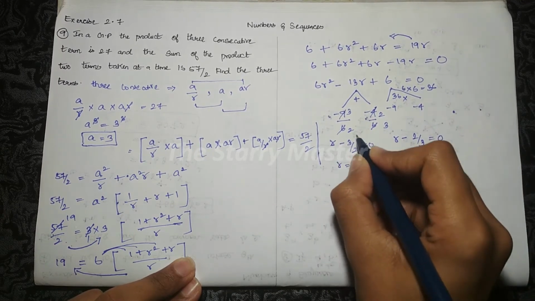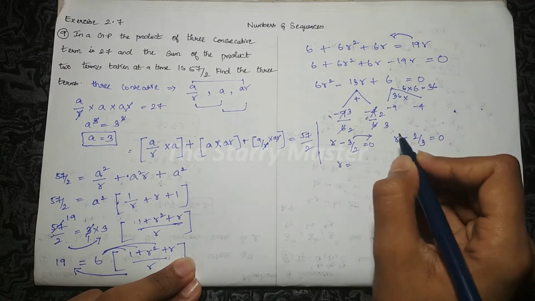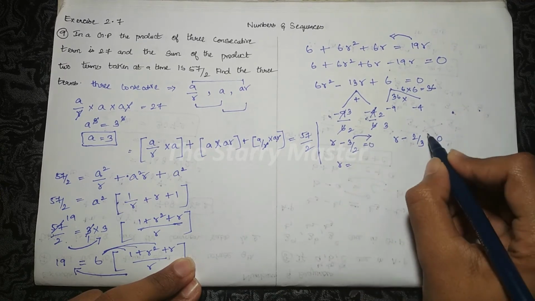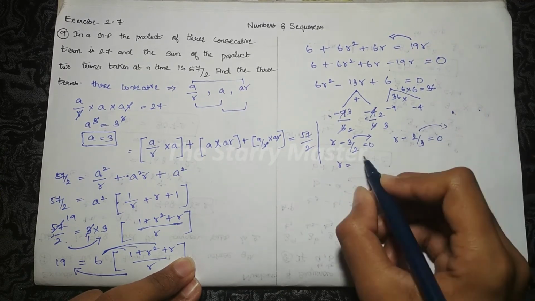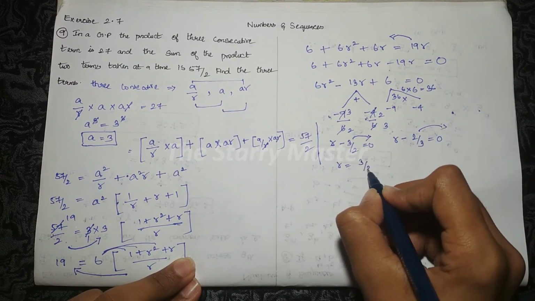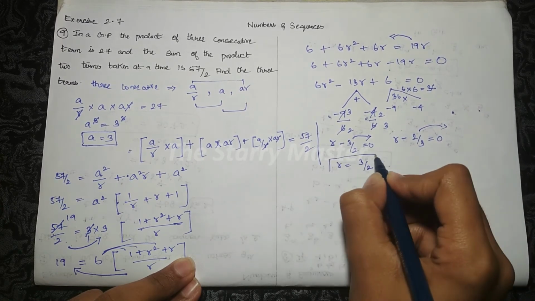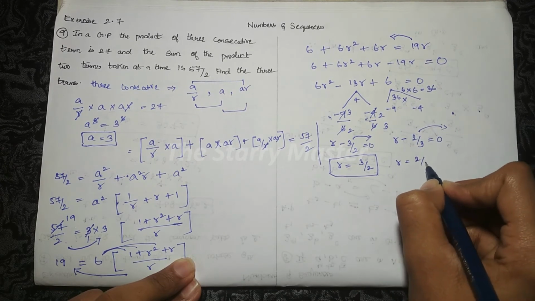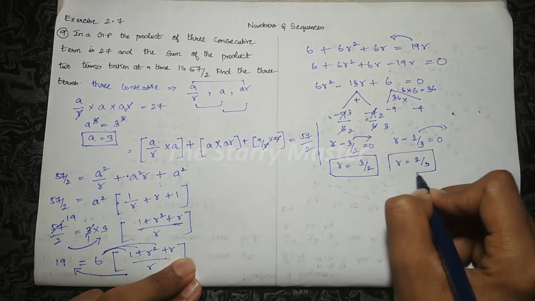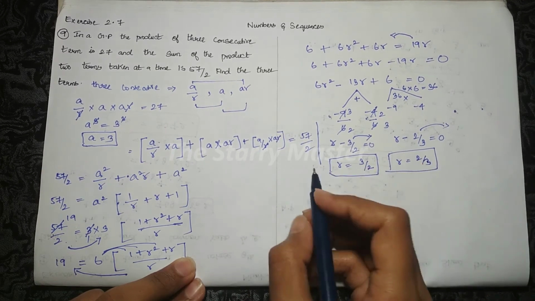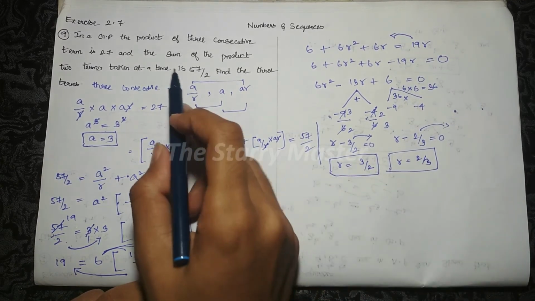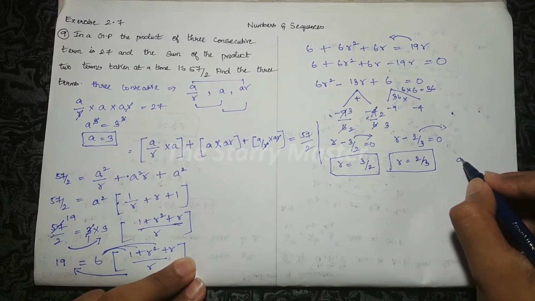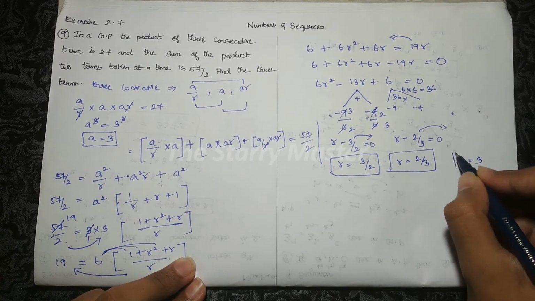Then moving the numbers to the other side, we find r equals 3 by 2, and here r equals 2 by 3. We also have the a value, which we already found: a equals 3.